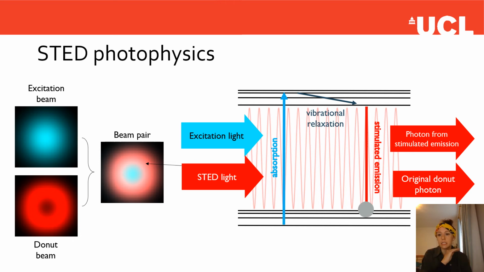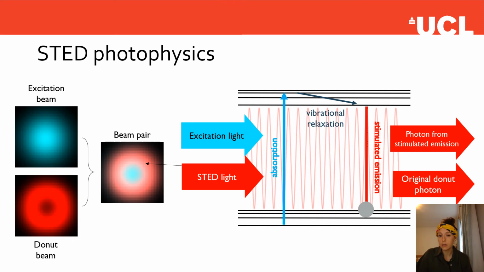Okay, so the STED light isn't absorbed, it stays there the whole time, actually comes out the other side. So you get your original donut photon back. And it basically forces your molecule to come back down to the ground state at the same energy as your STED photon. And of course, that means that energy still needs to be emitted. So you get a second photon out from your stimulated emission that looks identical to your original STED photon.